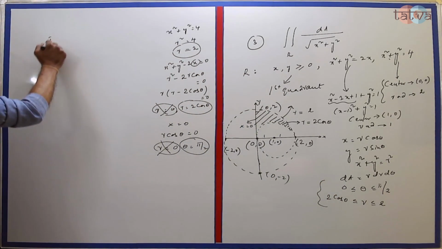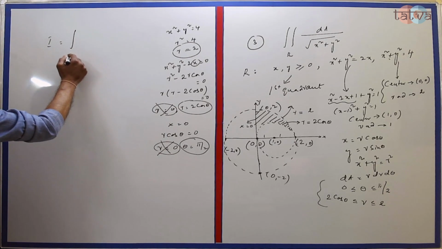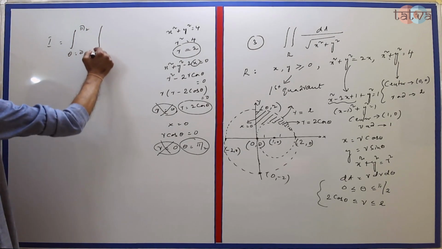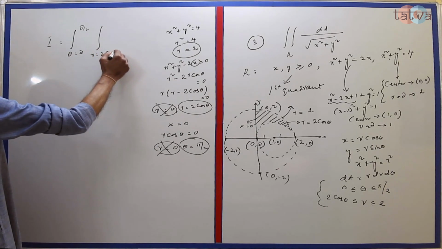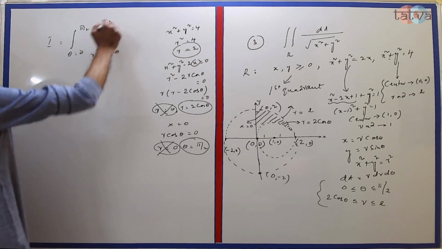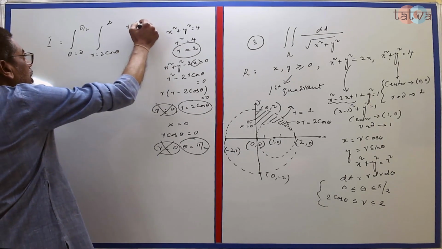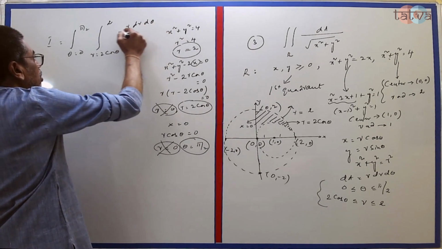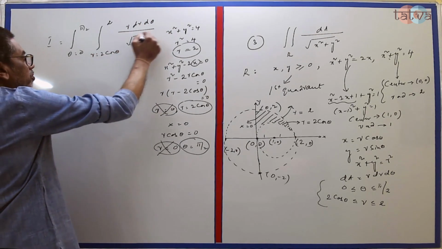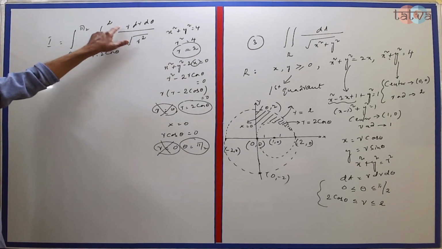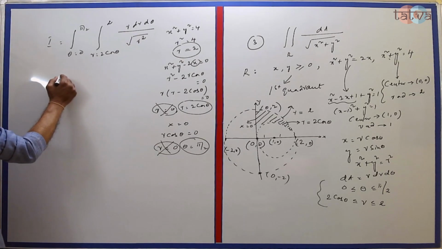Now the evaluation part is the easiest. Theta varying from 0 to pi by 2, r varying from 2 cos theta to 2. dA will be replaced with r dr d theta by the square root of r squared. So these two can be cancelled.